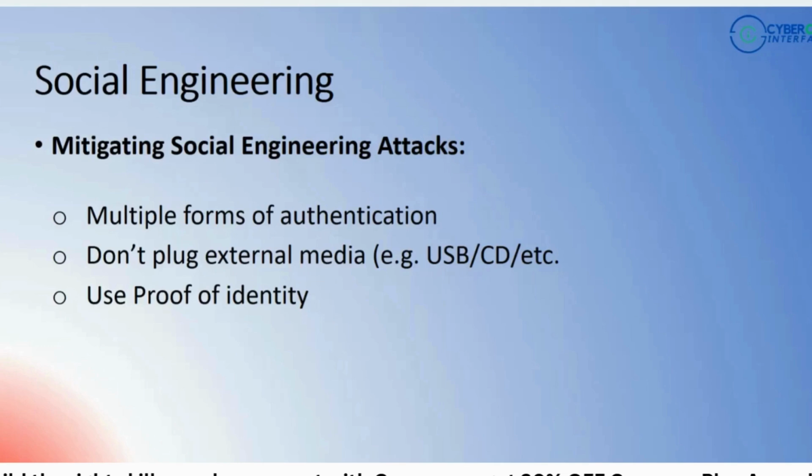Maybe there's a token and some other things that I will not be able to get through social engineering. Maybe your fingerprints, for instance. I can't use social engineering to get your fingerprints. Then, don't plug in external media. They always use proof of identity, which is simply something that proves who you are. Usually proof of identity could be biometrics, like your fingerprint, your eyes, an iris scanner.